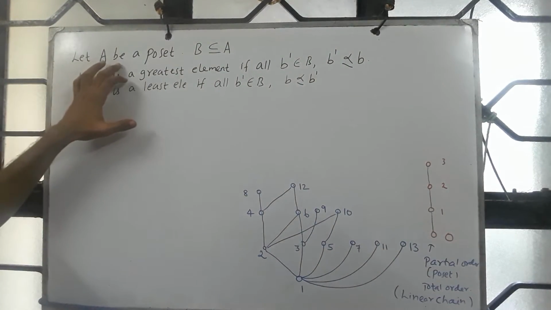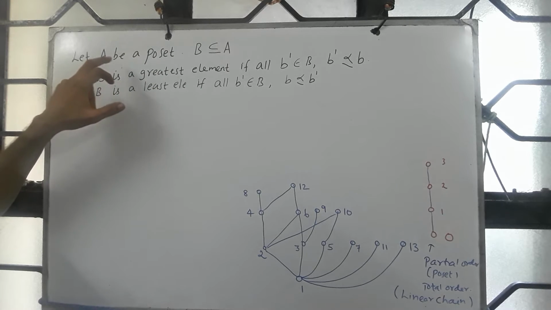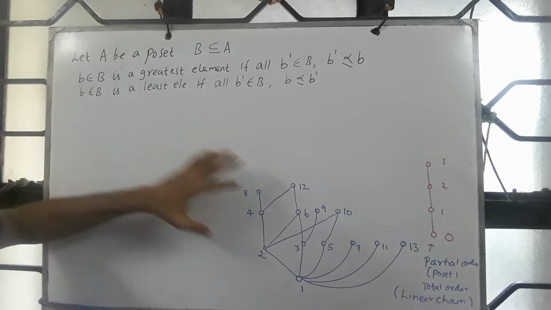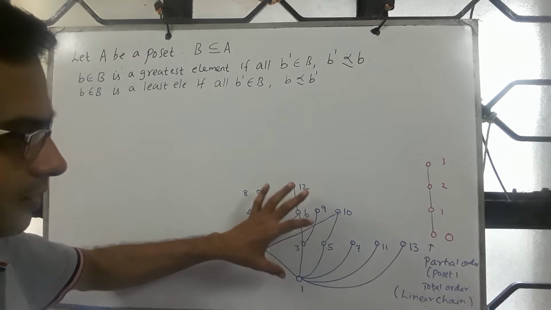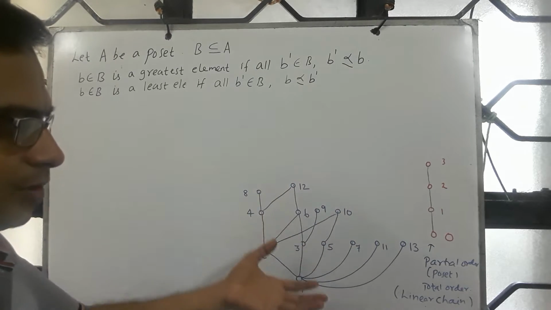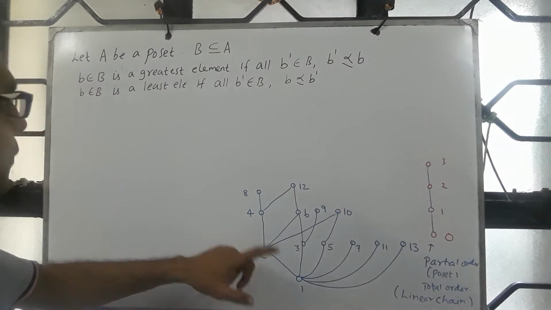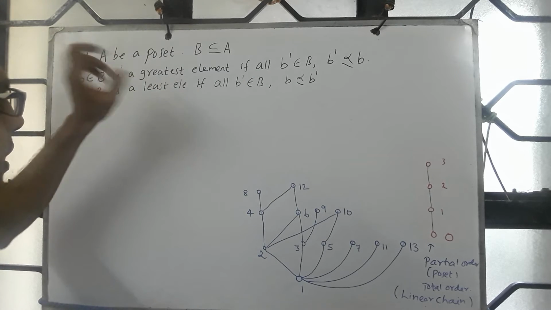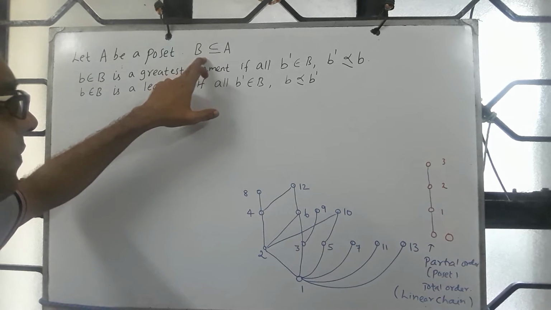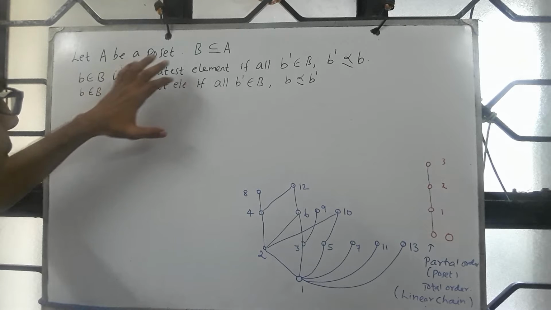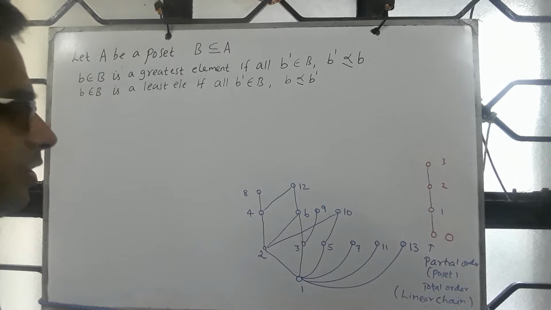So given a poset, a partially ordered set, which means you have A and there is an underlying relation R which is a partially ordered relation satisfying the properties reflexivity, antisymmetry and transitivity, due to which the underlying set we call a partially ordered set. And you are also given a set B which is a subset of A. So for the subset B, you can talk about greatest element, least element and all that.